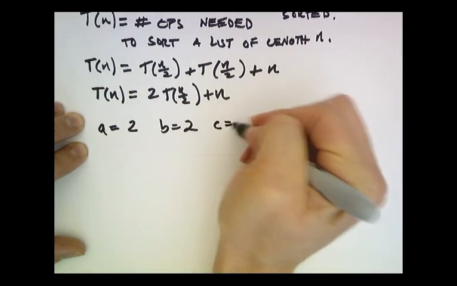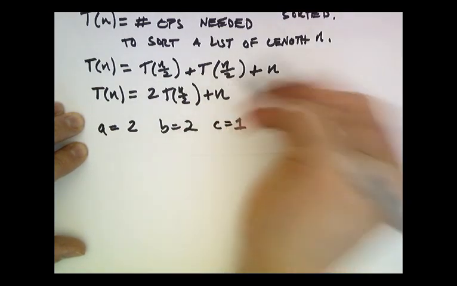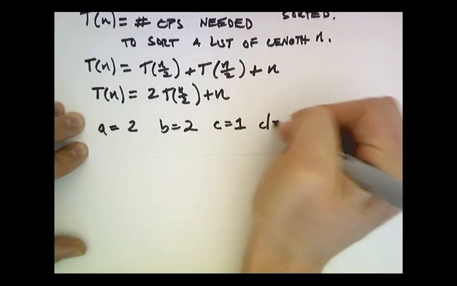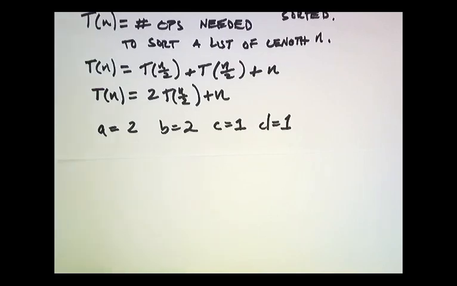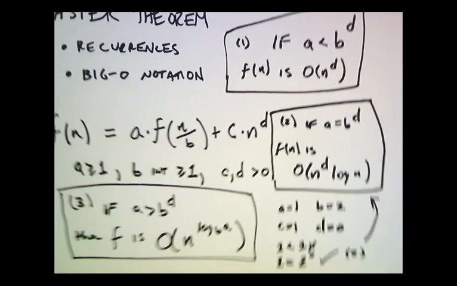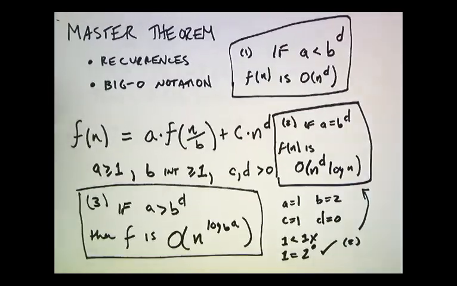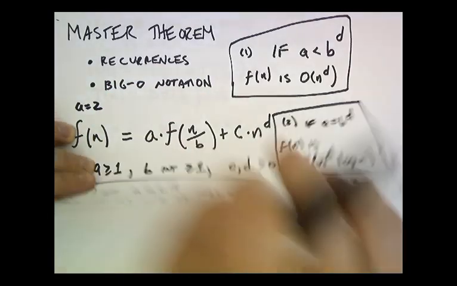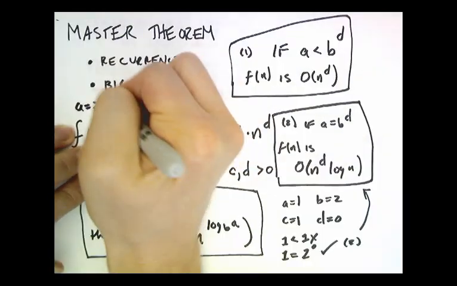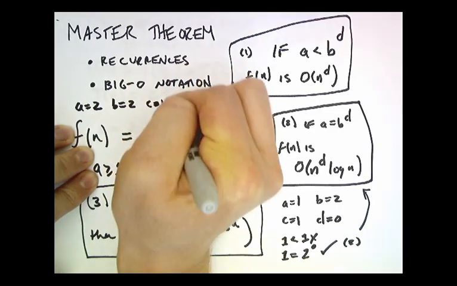C here is 1, because it's 1 times n raised to the 1 power. So D is 1. Let me try and look at the Master Theorem. So we have A is 2, B is 2, C is 1, D is 1.